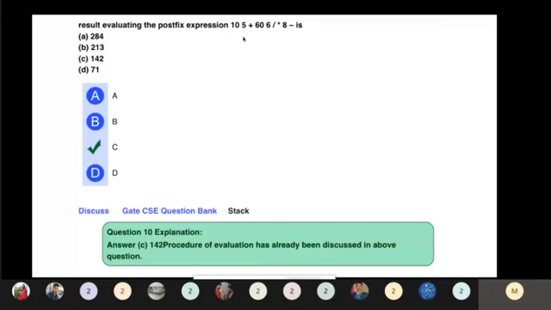Okay, so now in the stack we have 15 and 10. Then we have a multiplication. So you just take them outside, 10 into 15, so 150. Then the next one is 8, so we push it on the stack.